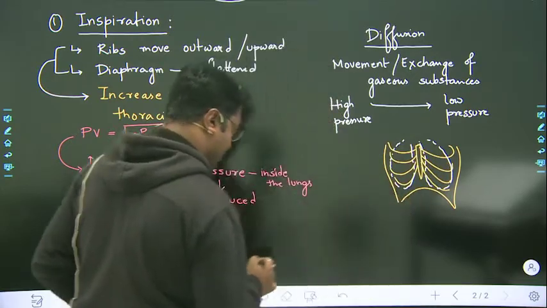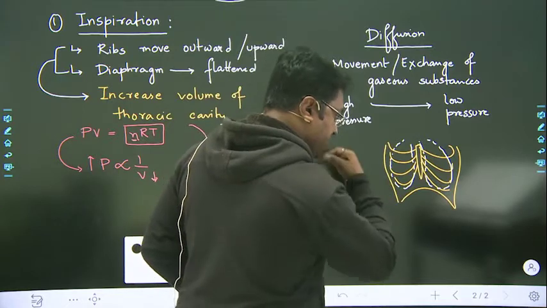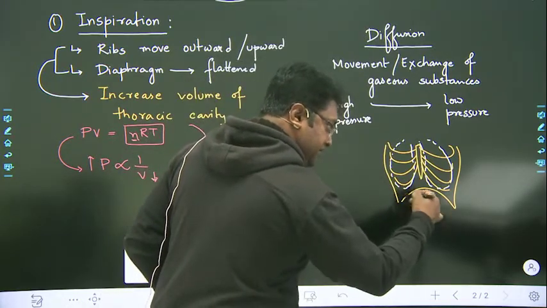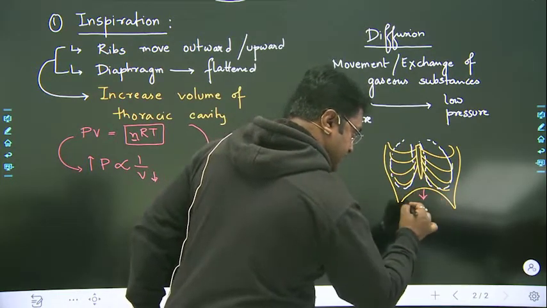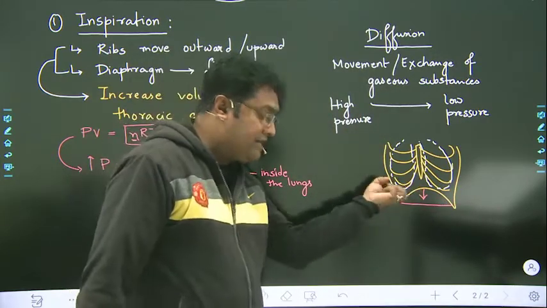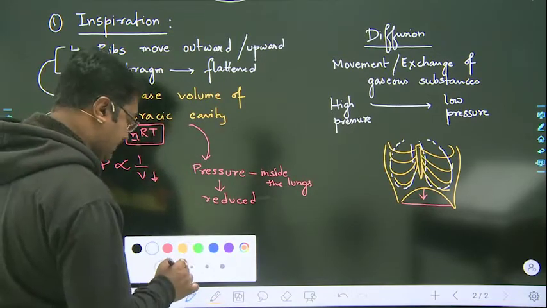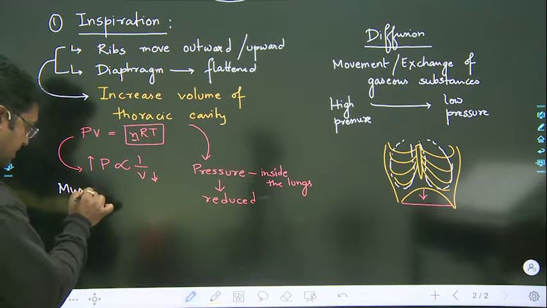Now, during inspiration, first of all, what is happening? The dome shaped diaphragm is getting contracted. So the first event is how the muscles will react, how the muscles will work.